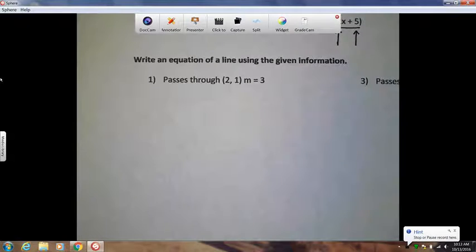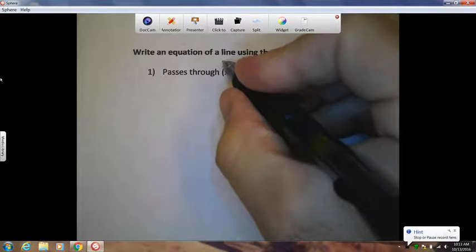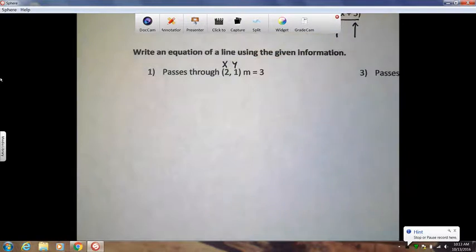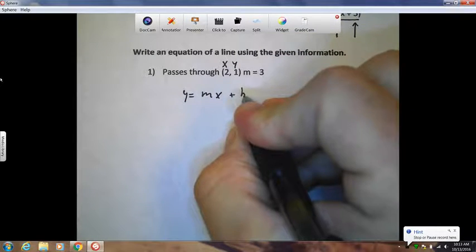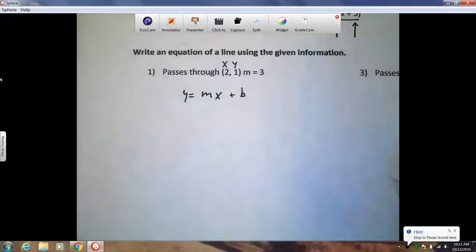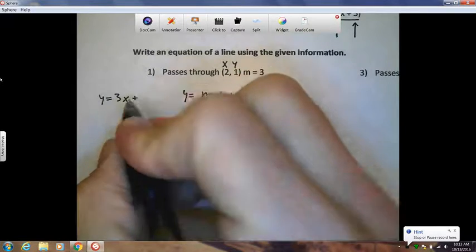I'm going to find the equation of a line using the given information. So the first thing I'm going to do is I'm going to label my points x and y. X always comes first. Next thing I'm going to do is I'm going to write my formula. And I'm going to start writing my answer because I already know the slope.